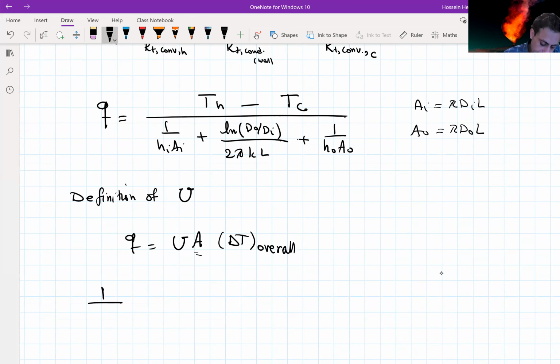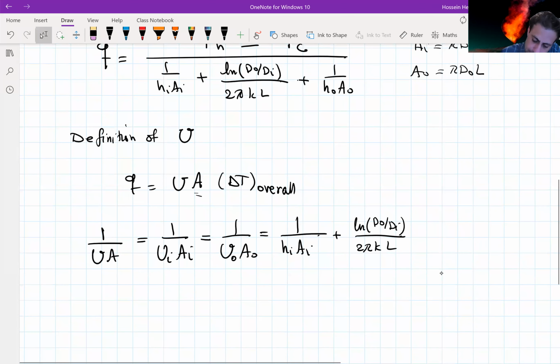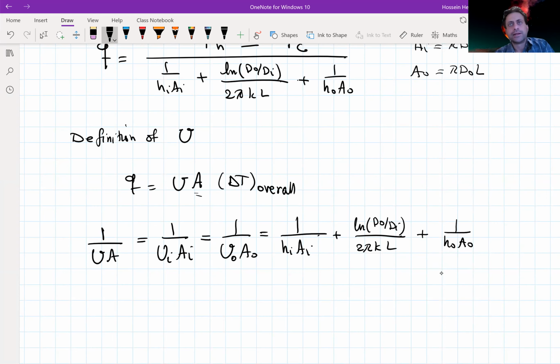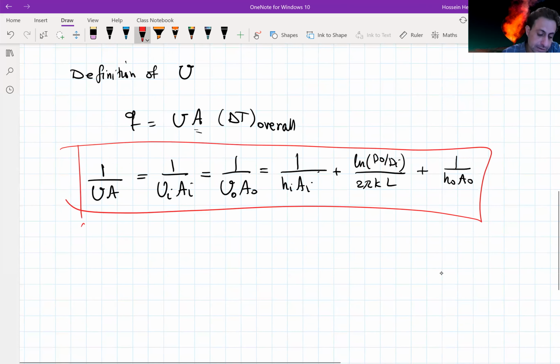So I can write down 1 over UA, which can be evaluated at the inner side, UiAi, or at the outer side, UoAo. It's going to be 1 over hiAi plus natural log of Do over Di over 2 pi kL plus 1 over hoAo. So this is the overall heat transfer coefficient for the system that we have.